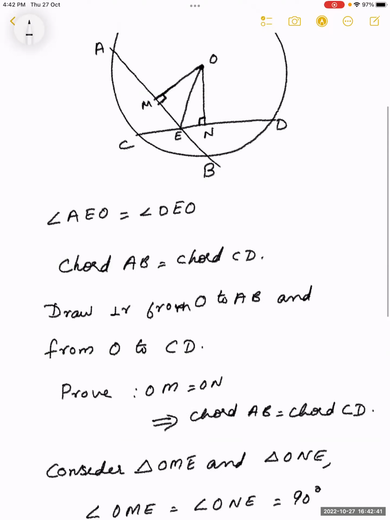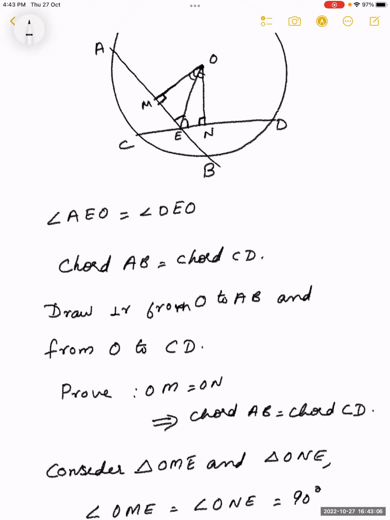Angle AED is bisected by OE. So what does that mean? Angle OEM and angle OEN will be same. Basically this angle and this angle are going to be equal. So when those two angles are equal, don't you think the third angle, which is this angle and this angle, are going to be equal?